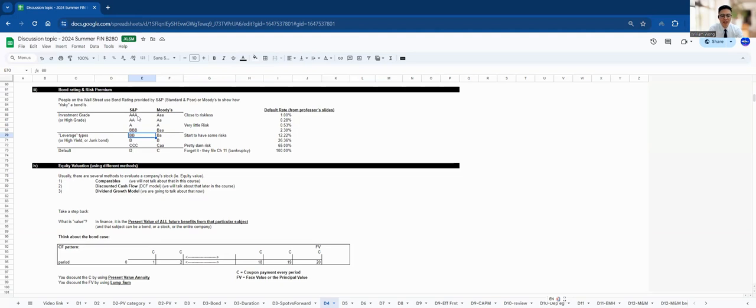In that case, a lot of institutional bondholders are going to sell your paper away. It's going to be big trouble. So a lot of companies, the CFO, will try their best to maintain the company's credit rating above triple B minus, to make sure they get the investment grade.